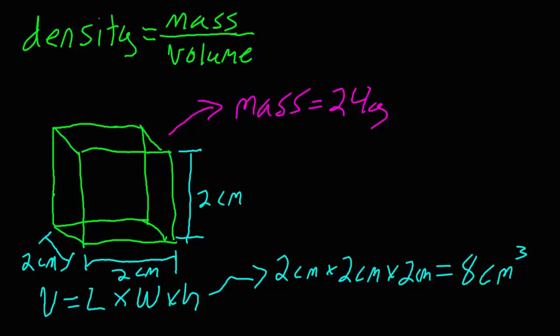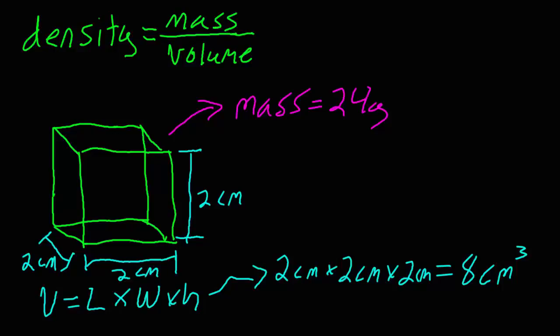Now one thing I want to point out before we go any further is this cubed, this 3 up here, is very important. It's telling you what kind of measurement you have. Volume is a measurement of three-dimensional space occupied. So the first dimension is across here, this length, 2 centimeters. The second dimension is the width, the next 2 centimeters, but the third is the height.